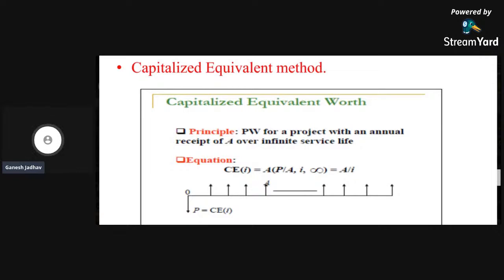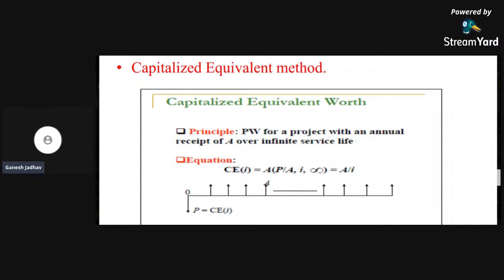The present worth for a project with annual receipts over infinite service. So you can see the service is infinite, that is the capitalized equivalent worth. This is the equation.